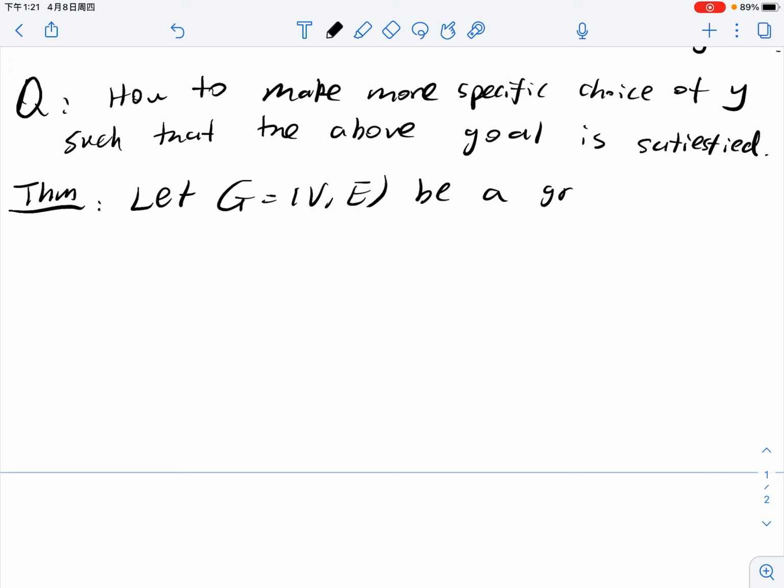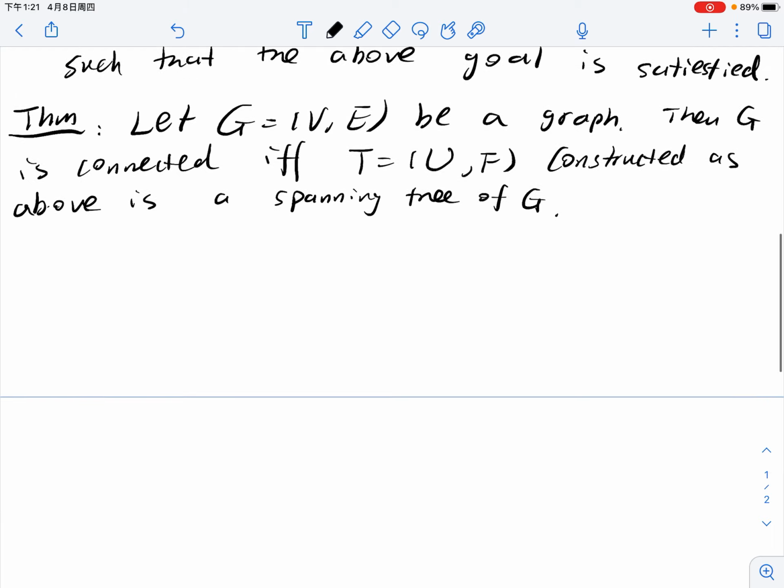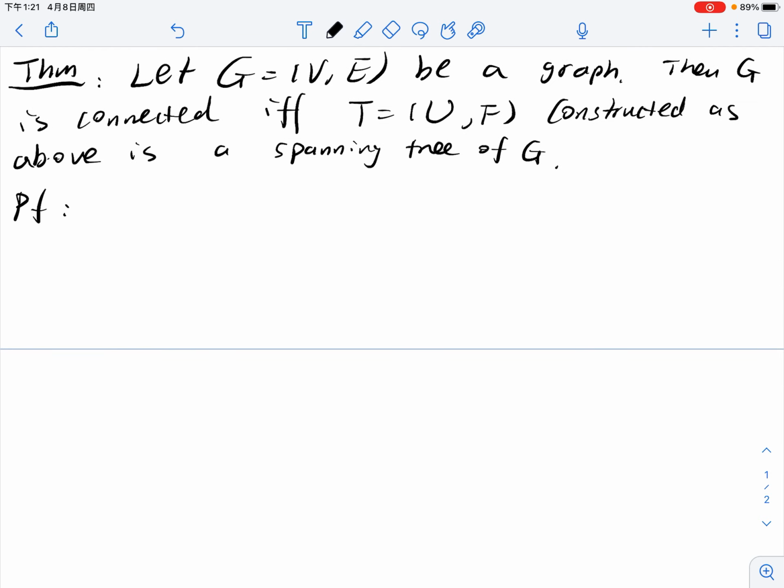Let G be a graph, then G is connected if and only if T constructed as above is a spanning tree of G. Proof. If T is a spanning tree, then it's easy to see G is connected.